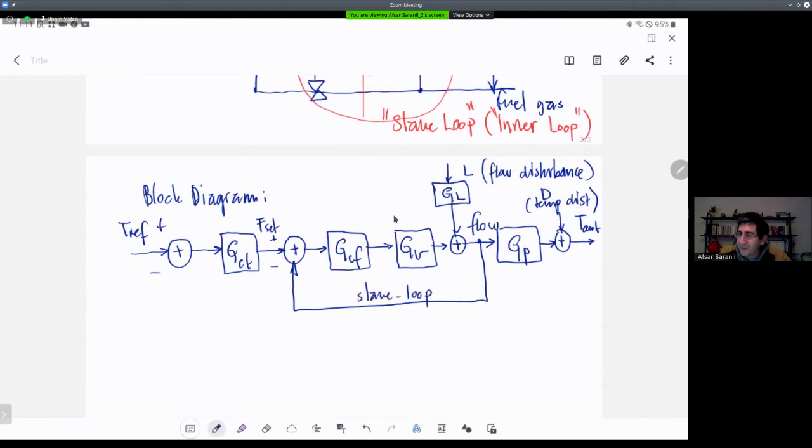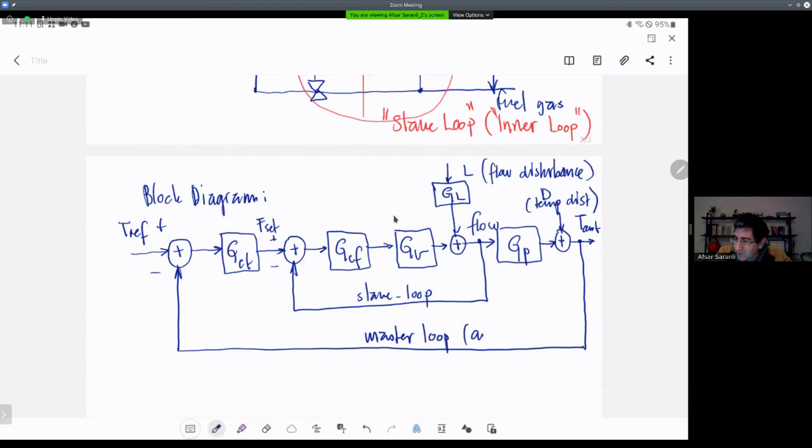Now it's more apparent why it's called the inner loop, because over here we measure the output and close the outer loop, or the master loop. So this is the master loop, this is the outer loop, and this is the inner loop.